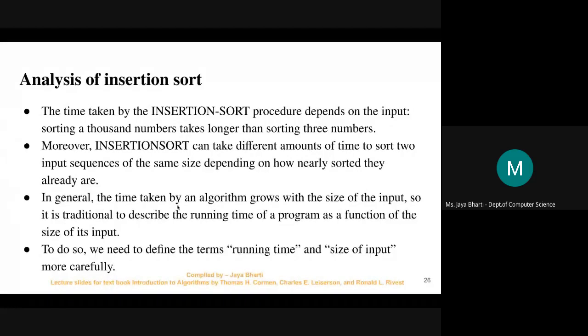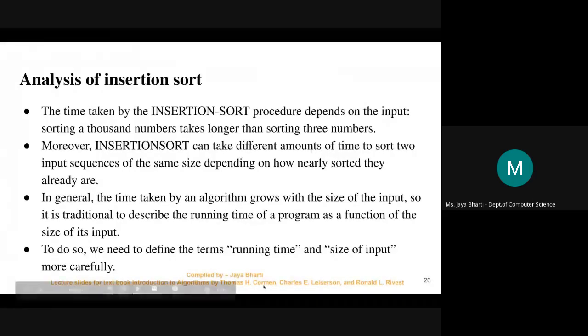So in general, the time taken by an algorithm grows with the size of input. So it is traditional to describe the running time of a program as a function of the size of its input, because it is completely dependent on the input size. That's why we will describe the running time in terms of input only.